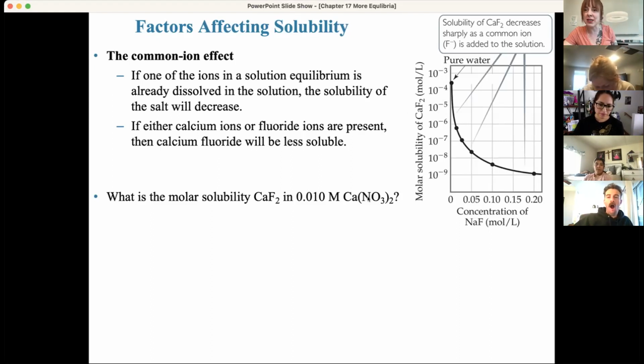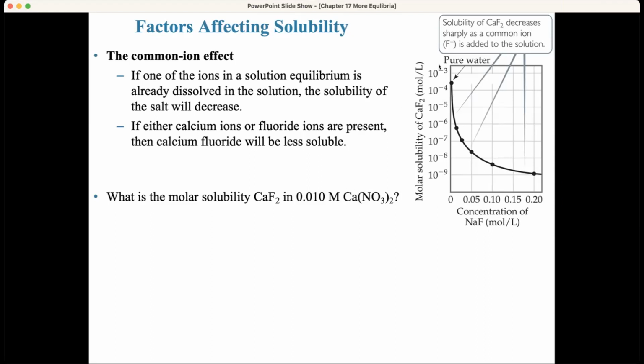Same thing with nitrate, always 100% of the time breaks apart into ions. So if you see group 1 or nitrate, just know that it's not contributing at all. Calcium's the thing here we care about.